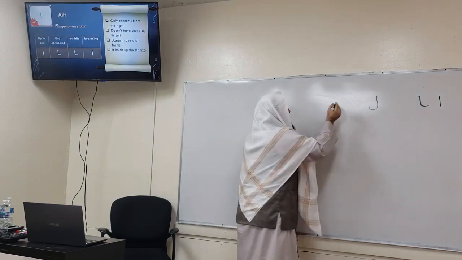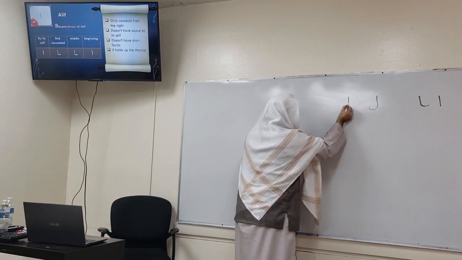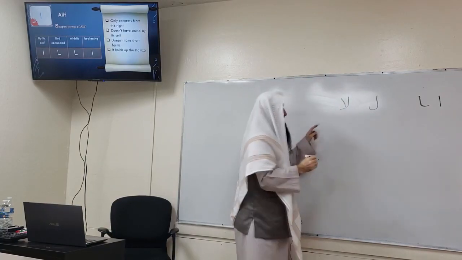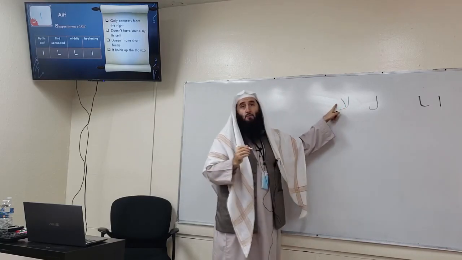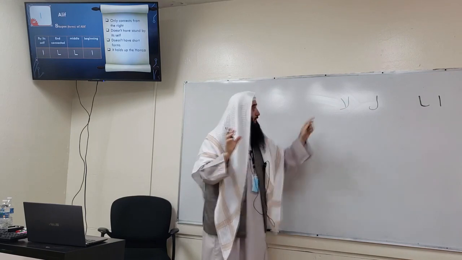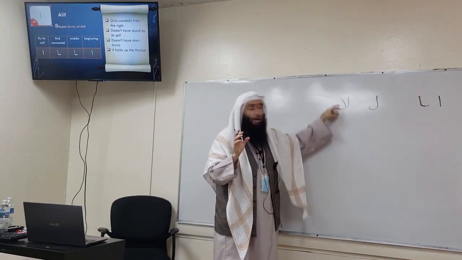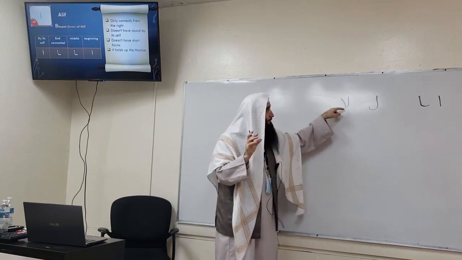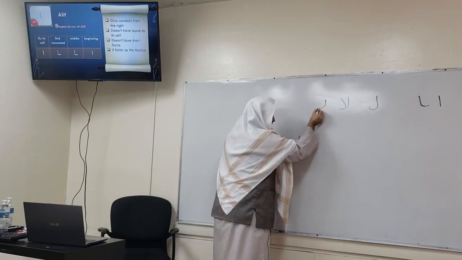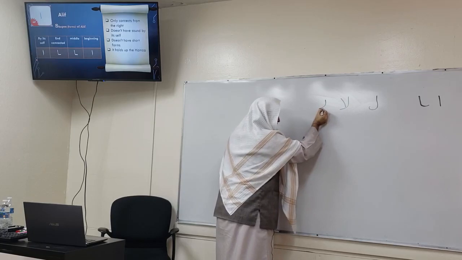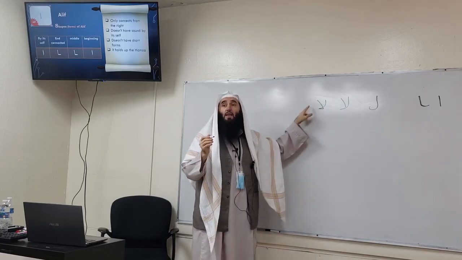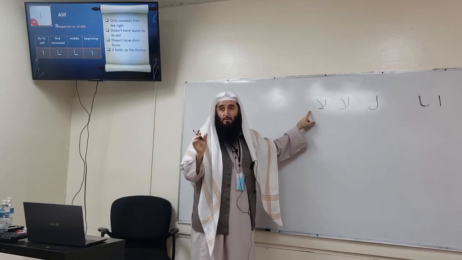So for example, one way of writing the lam with alif: this is the lam and the alif is in the middle like this. Lam, alif. This is the shape. You're going to see it in the Quran like this. So the alif could be like this on top of the lam. Or we have, for example, lam, up to here, go back and make it alif. This is also a shape of the lam with alif in the Quran.